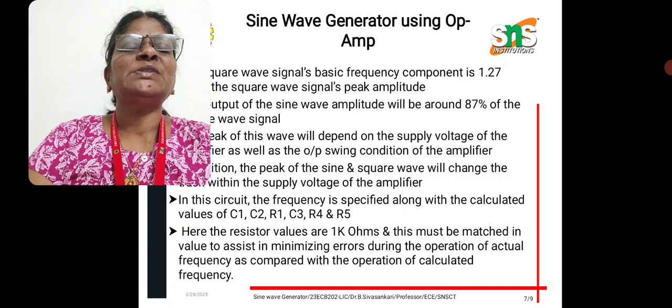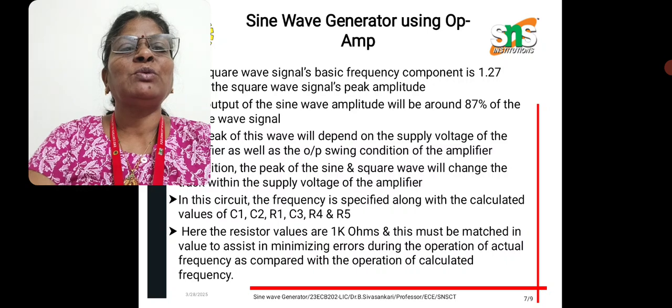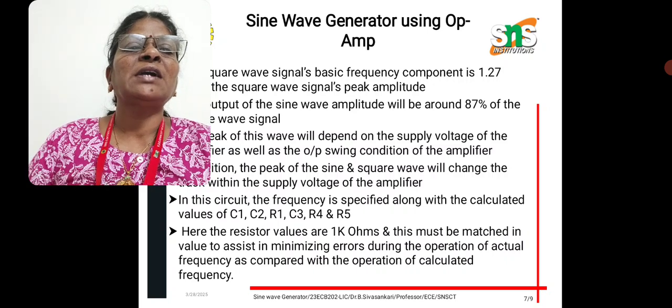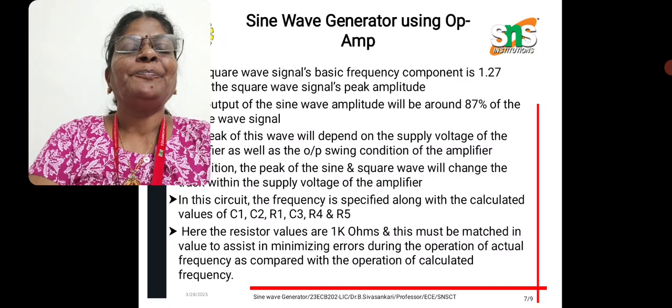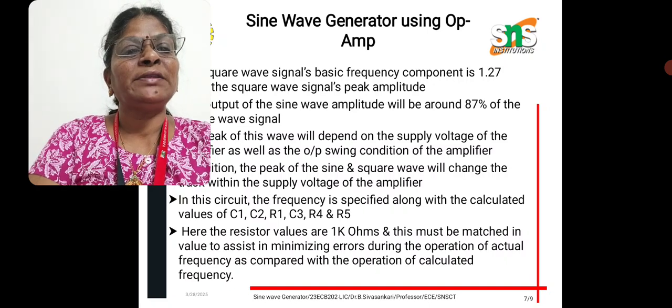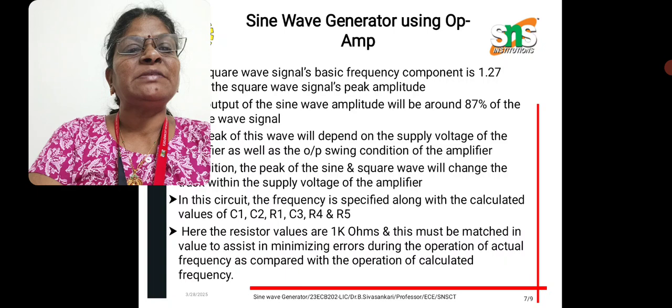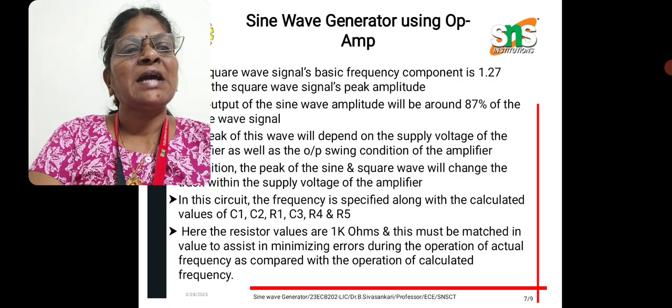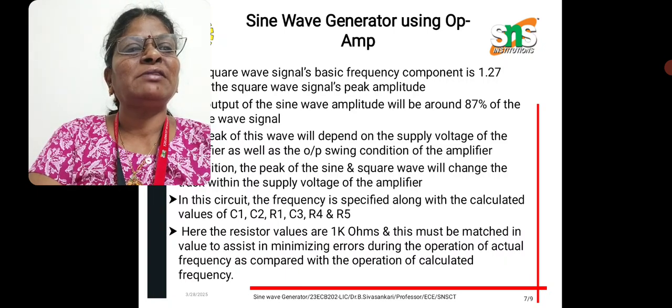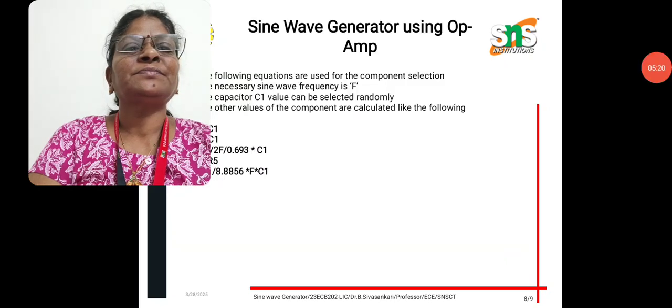The peak of this value will depend on the supply voltage of the amplifier as well as the output swing condition of the amplifier. Here the resistor values are 1 kilo ohm and they must be matched in value to help minimize errors in actual frequency compared with the calculated frequency, right?